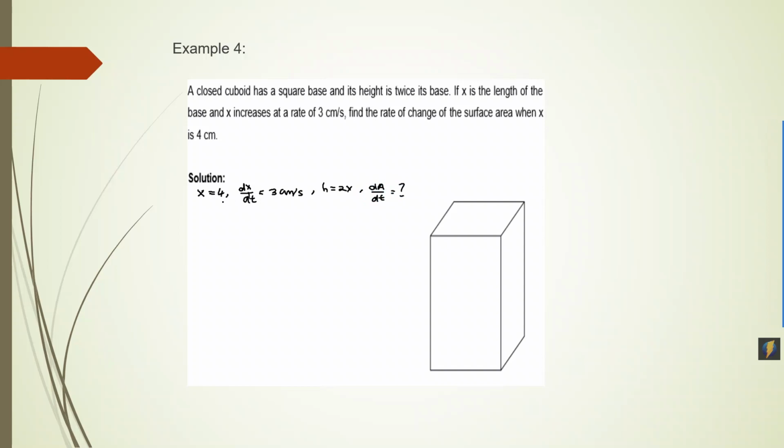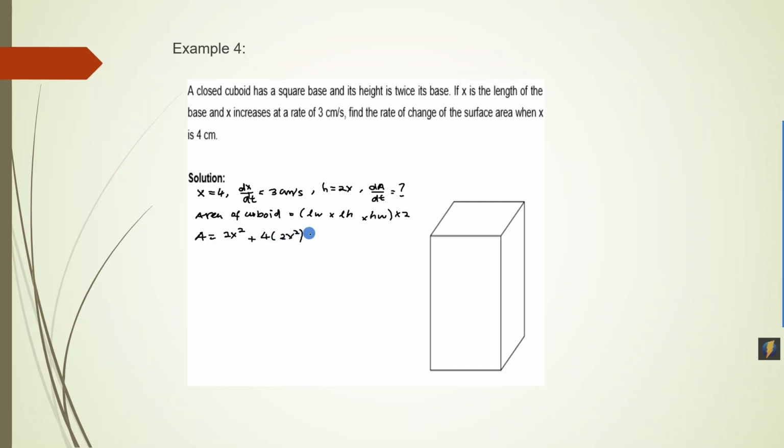Okay, so area of cuboid, like we did in example 3, meaning surface area for cuboid. That equals length times width, plus length times height, times 2. Okay, so area we get 2x squared plus 4 times 2x squared.